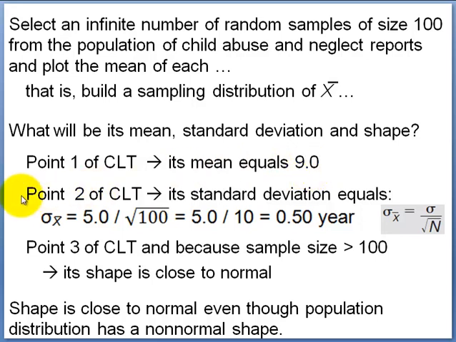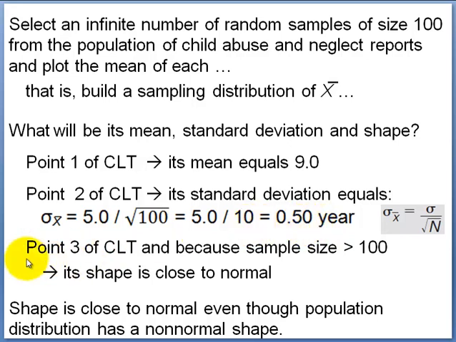Point 2 tells us that the standard deviation of the sampling distribution, that is, the standard error of the mean, will equal the standard deviation in the population divided by the square root of the sample size. We're taking samples of size 100. So we carry out that math, and the standard deviation of our sampling distribution will be 0.5 years.